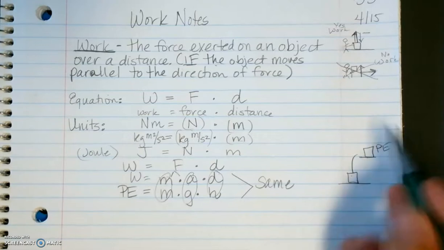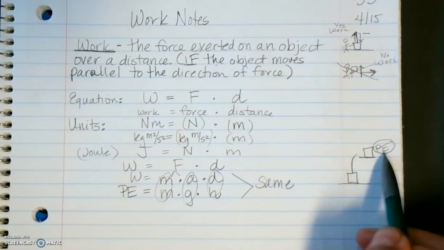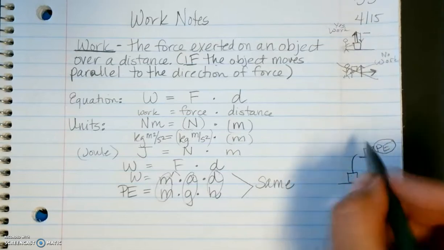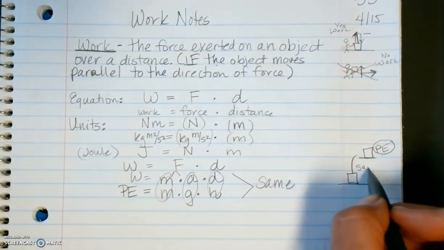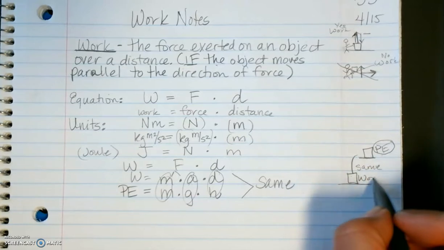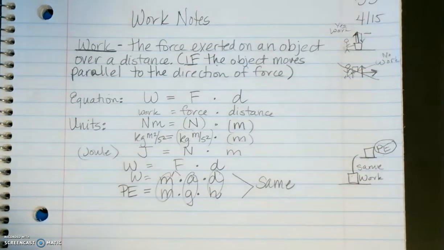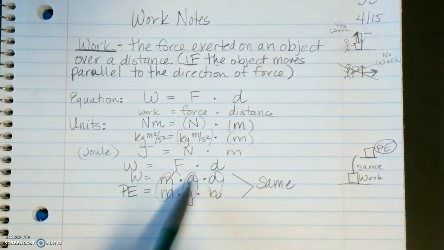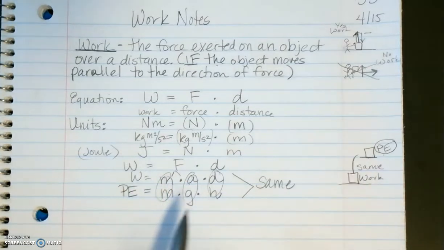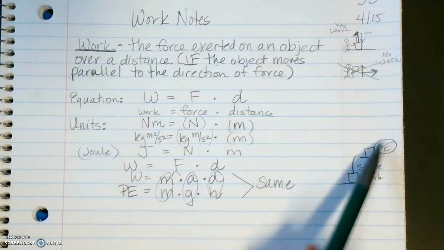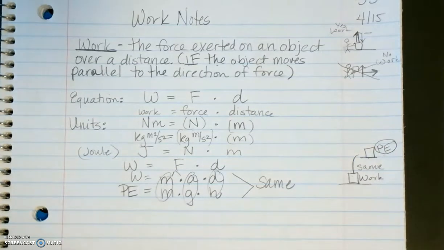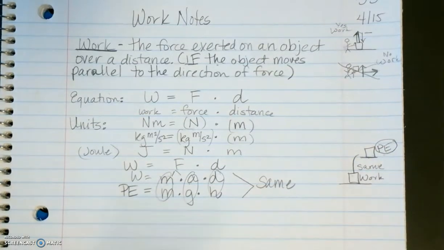So the number for potential energy would come out mathematically the same as whatever the work done to get it there. Whatever the work number is that we solve for with the force and distance would be the same number that we would find for potential energy as it sits on this shelf. Okay, so that's how they're the same.